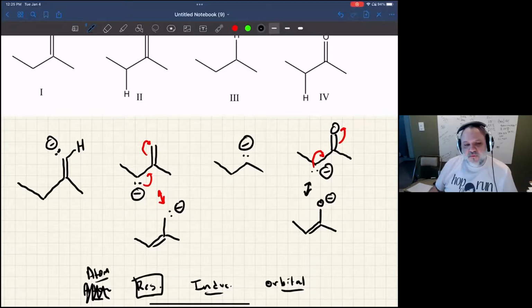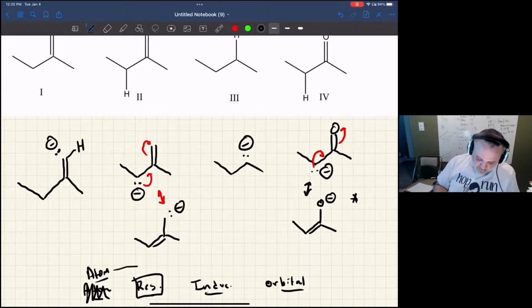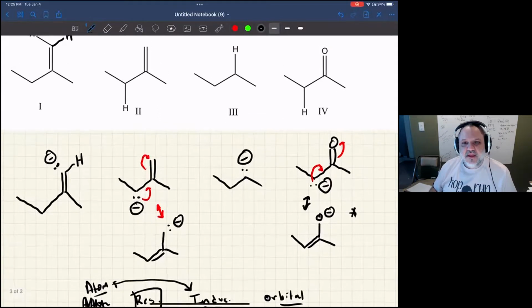Which of the resonance structures show the negative charge delocalizing to a more electronegative atom? Well, it's 4. It delocalizes in exactly the same way, but the charge ends up on an oxygen rather than on another carbon. So it's a combination of atom and induction.